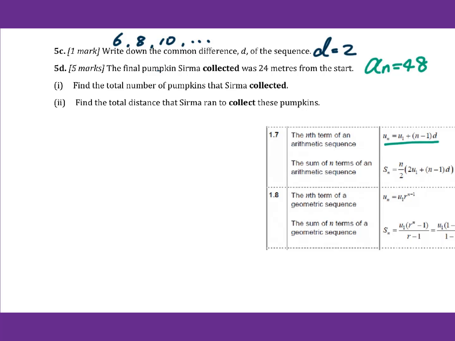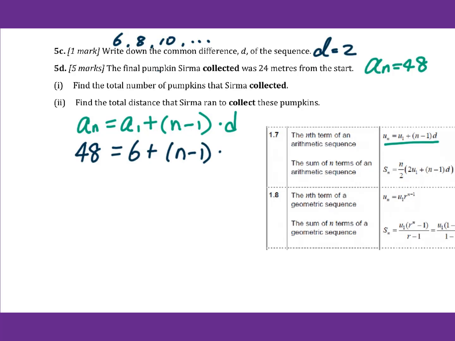Then we use this formula: A sub n equals A sub 1 plus n minus 1 times D. A sub n, that's 48, equals 6 plus n minus 1 times 2. So we do the distributive property, and you will get 6 plus 2n minus 2 equals 4 plus 2n.